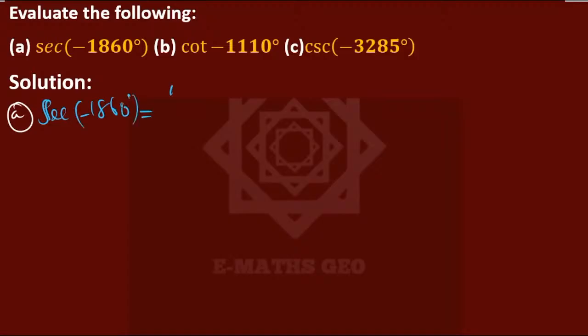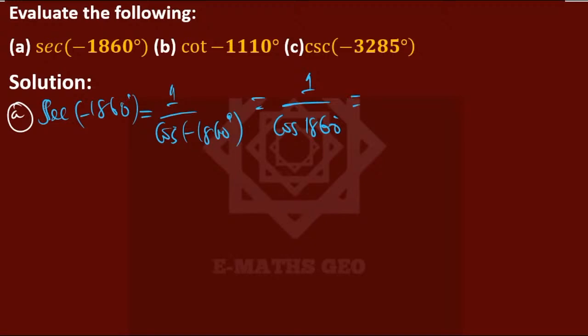Sec is 1 over cos. So cos of minus 1860 degrees. And remember, cosine is an even function, so neglect the negative sign.